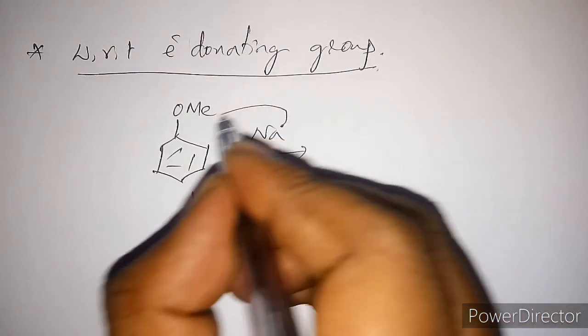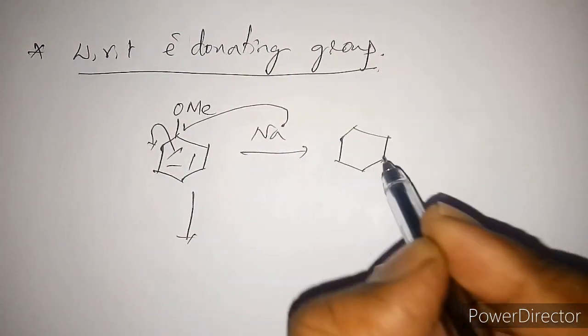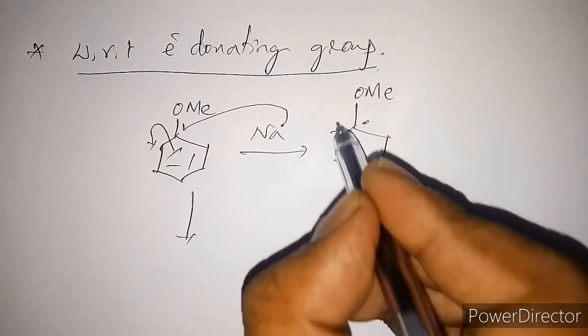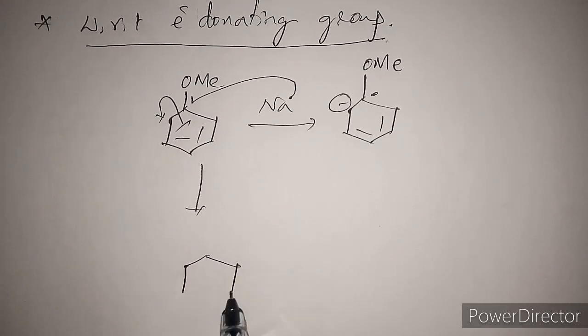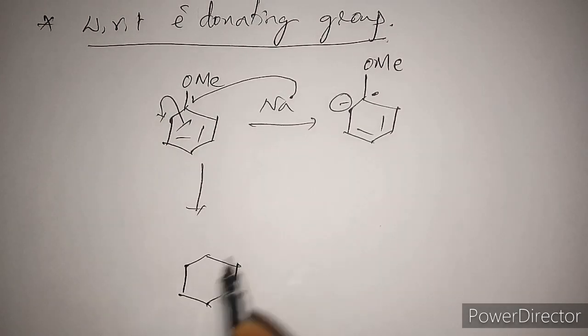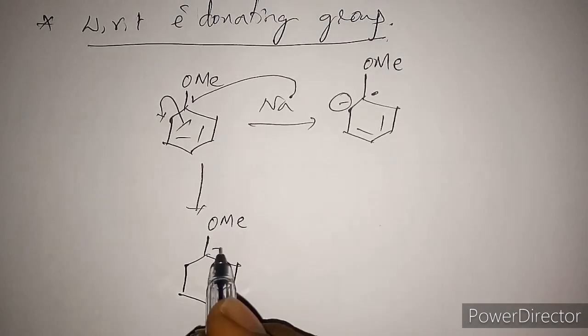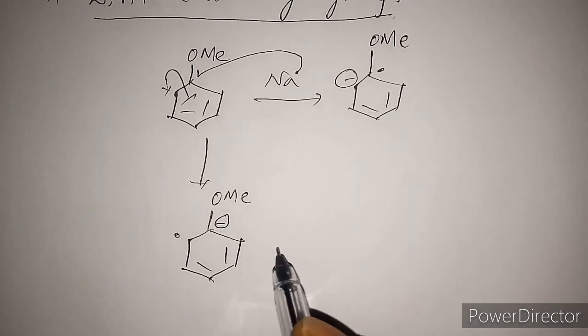The sodium donates an electron here, giving a negative charge here. We will get OMe with a radical negative charge. So another is a negative charge here, radical is here. In the same way in the case of benzoic acid.